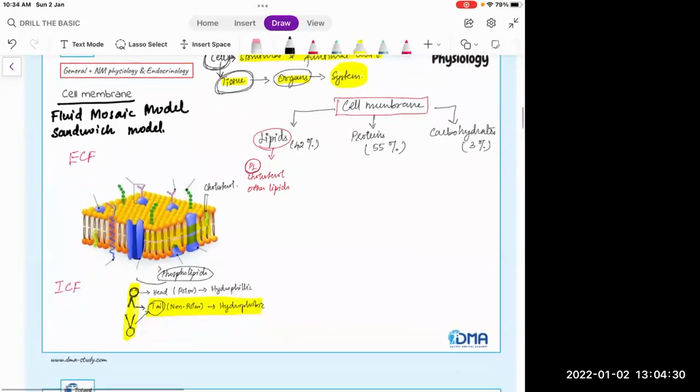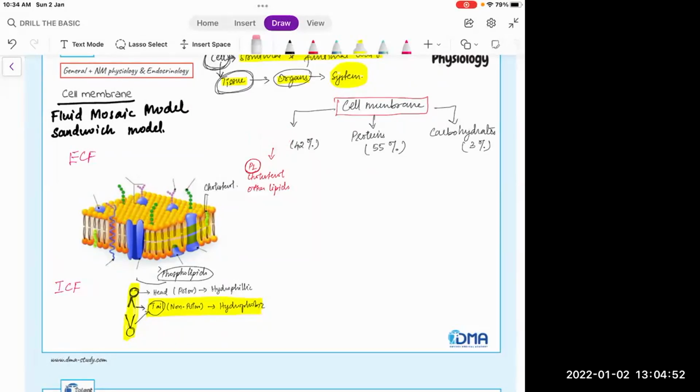This is because of the arrangement of the phospholipids, which is always making the tail portion of the phospholipids remain away from the fluid, either the intracellular fluid or the extracellular fluid. Okay, so that is the content about the lipids.